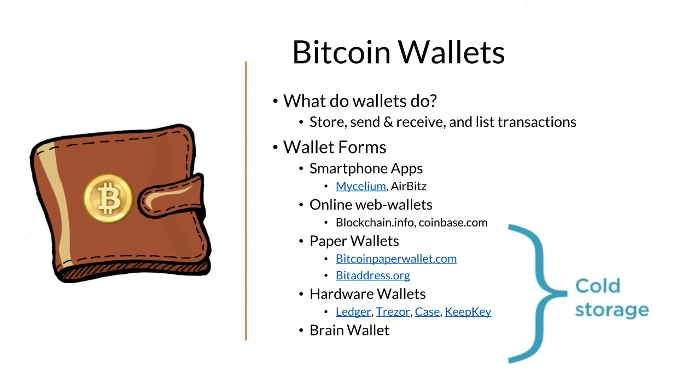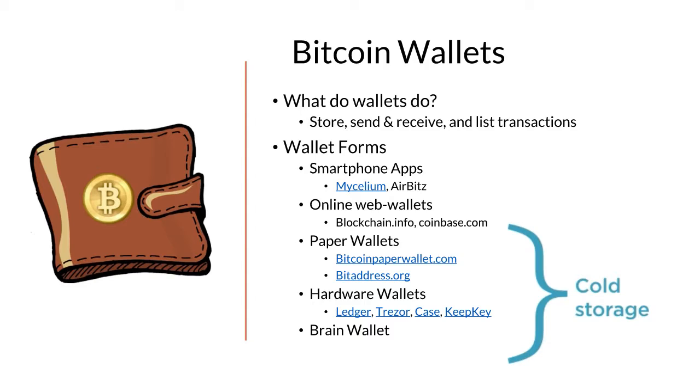Now we can go into Bitcoin wallets a little bit. What do wallets actually do? At the most fundamental level, all they do is hold your private key and give you the software to be able to sign transactions. The signing of transactions is something we'll go into a little later this lecture and more in later lectures.